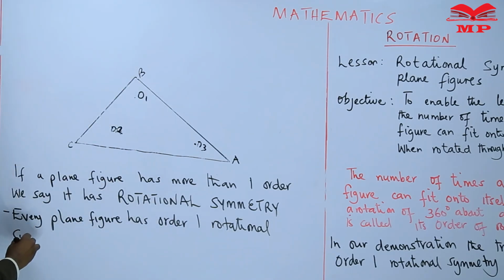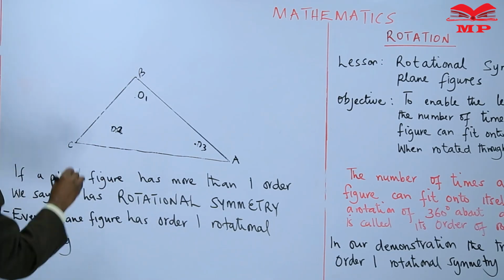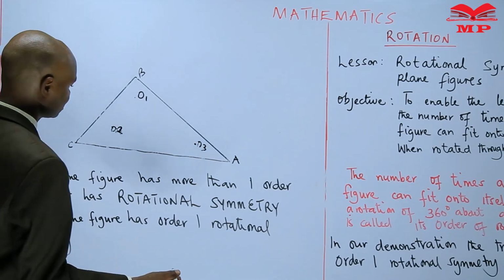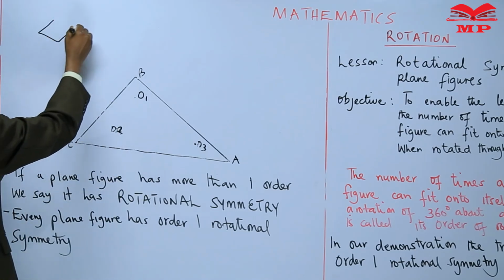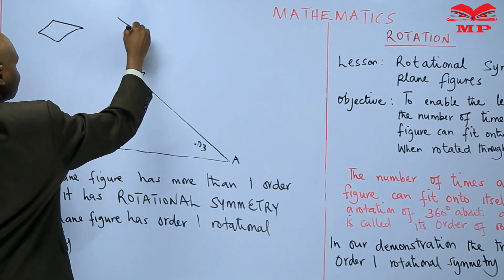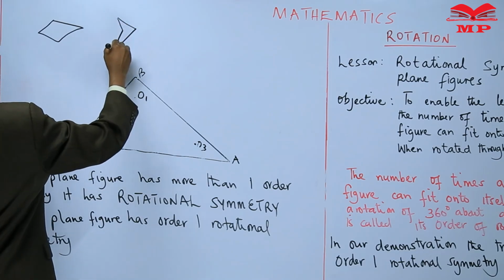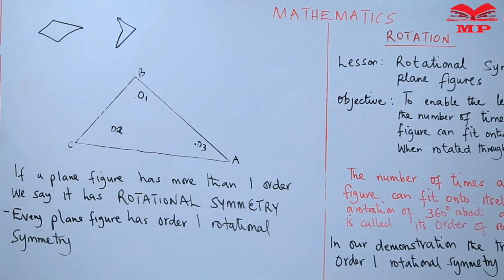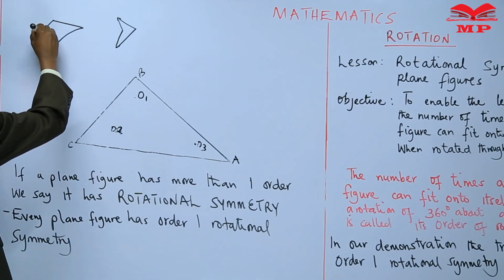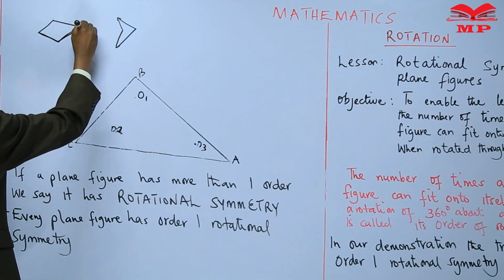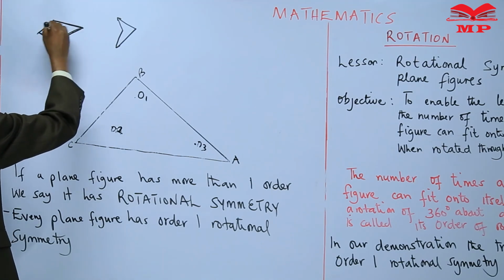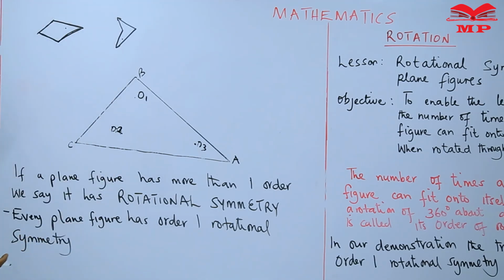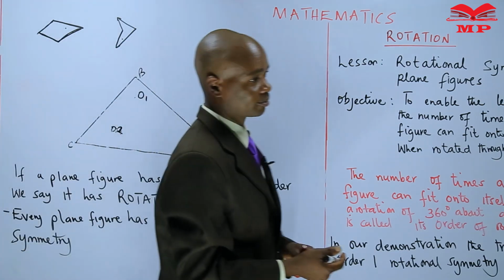Every figure has order 1 rotational symmetry. Whichever center you choose, so long as the edges are straight, it will fit onto itself after a rotation of 360 degrees.